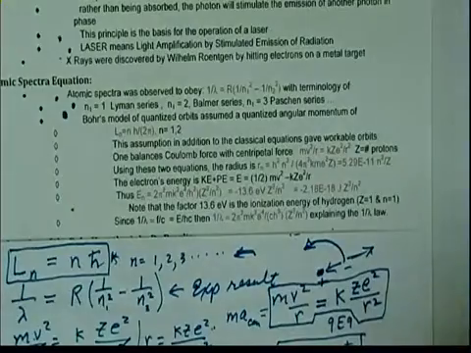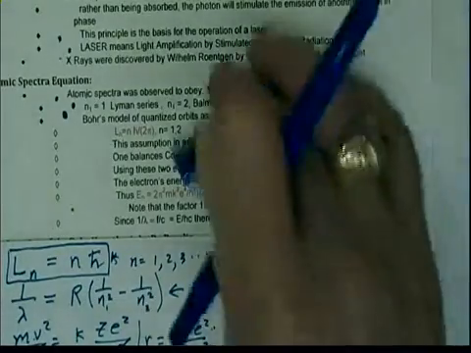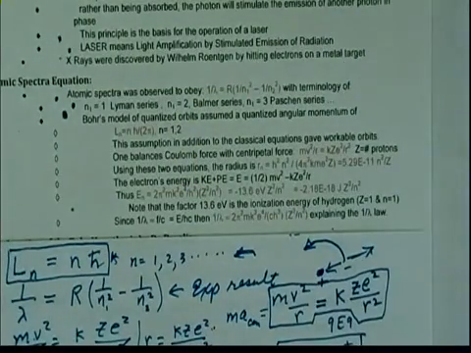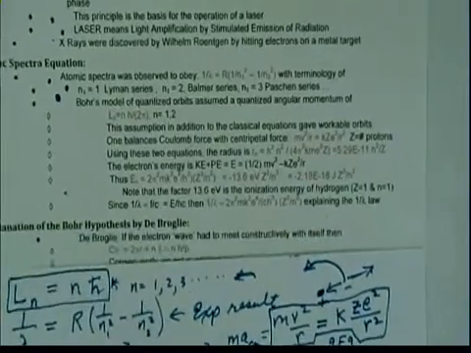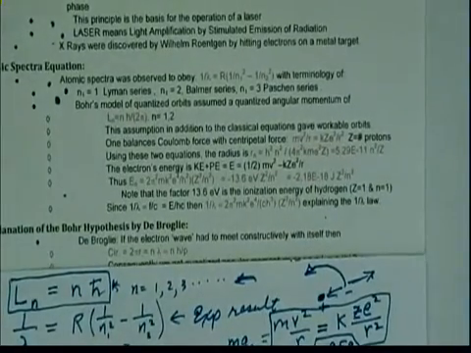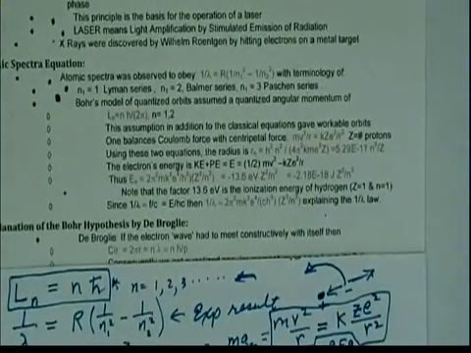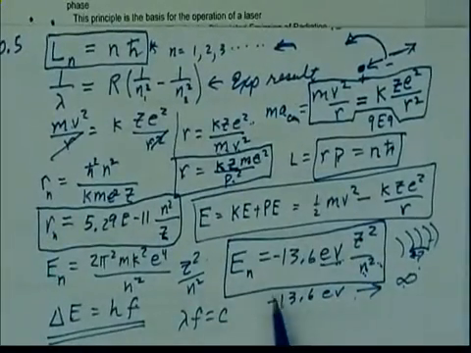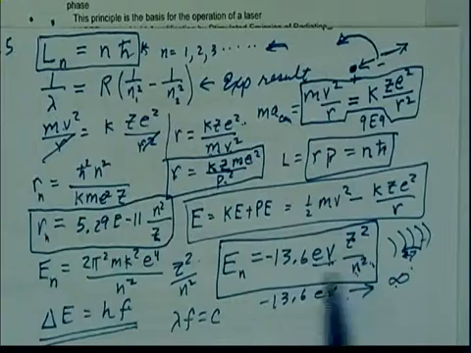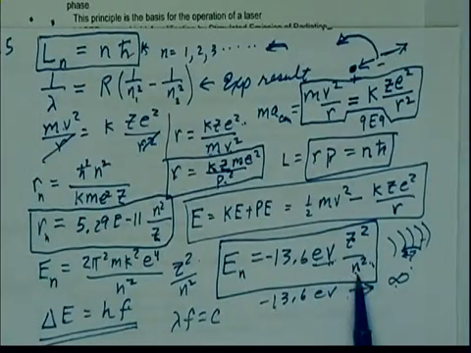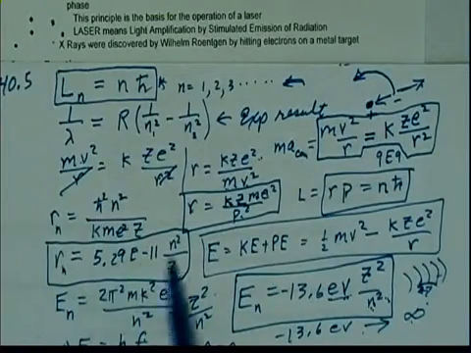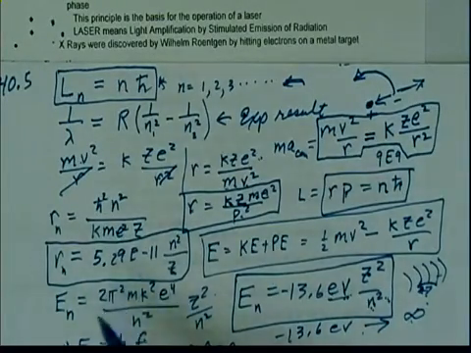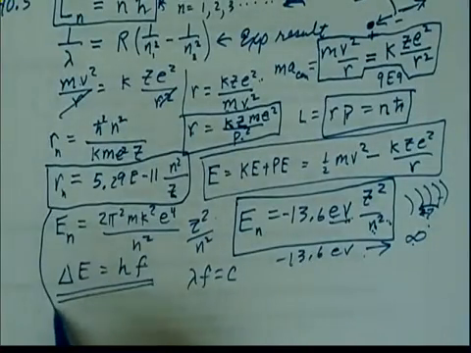This is a remarkable result here, and it really involves no more than some kind of messy algebra at the high school level. The takeaway points here to remember are: the energy is a constant, the ionization energy in electron volts, over N squared. The radii, this gives us the radius of each of these, and I should point out something about this radius.